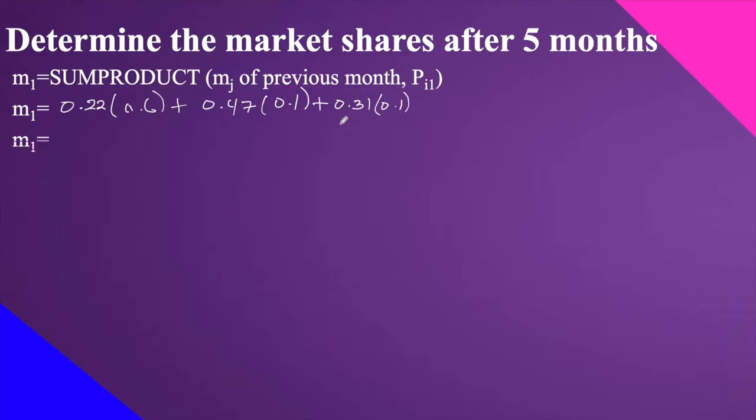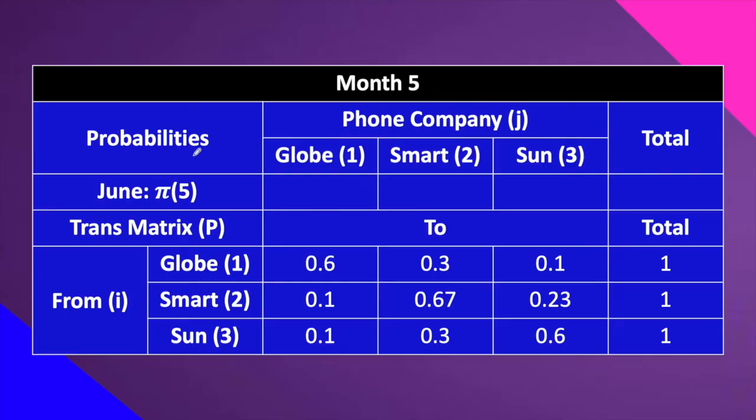And by computation, this is equivalent to 0.21. Meaning to say, we have 21% market share for the Globe after 5 months. So, 0.21 for the Globe.